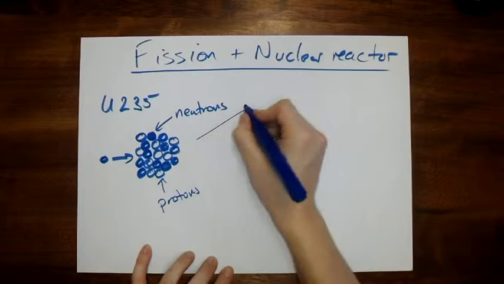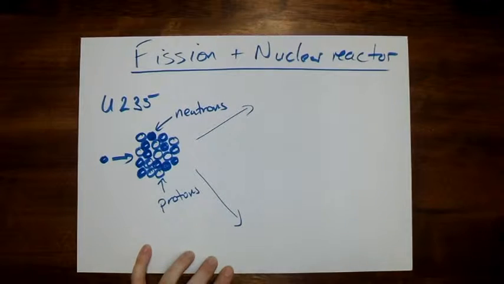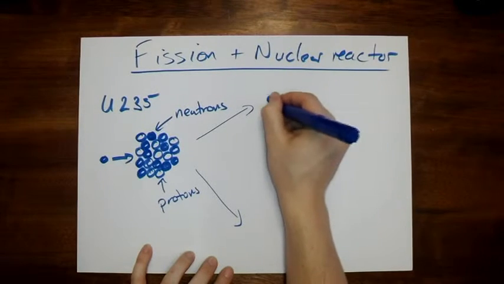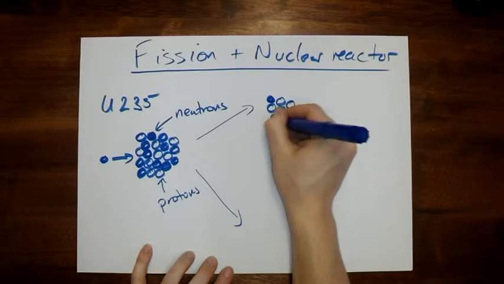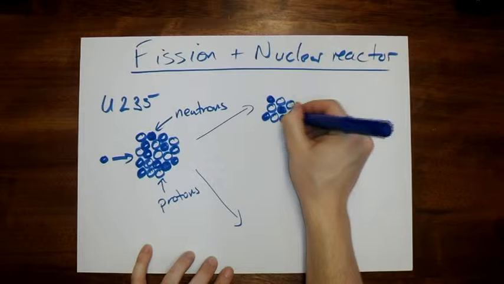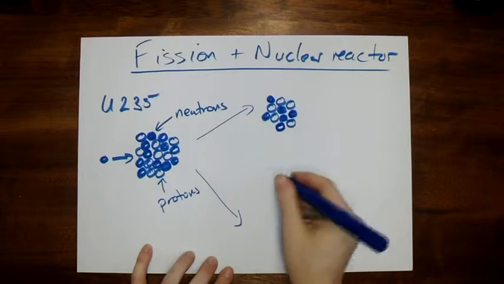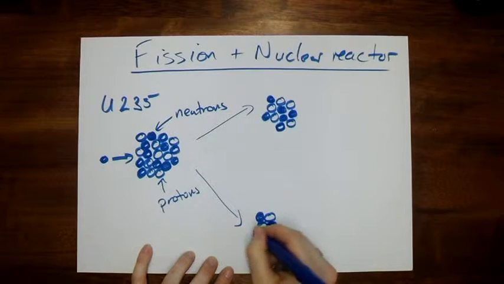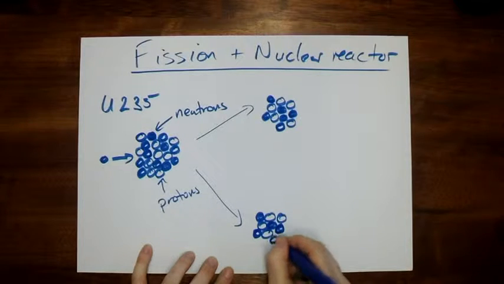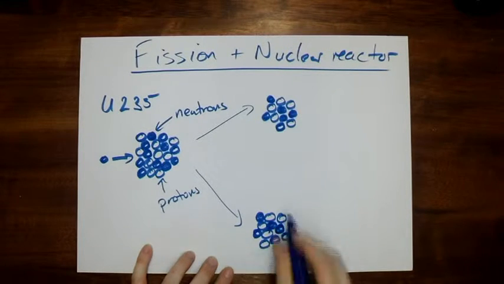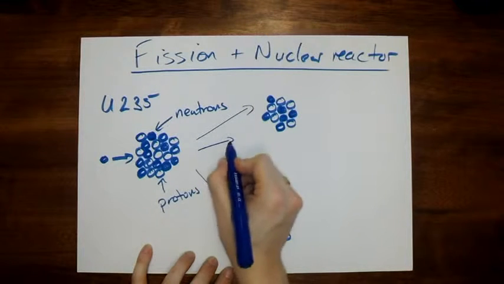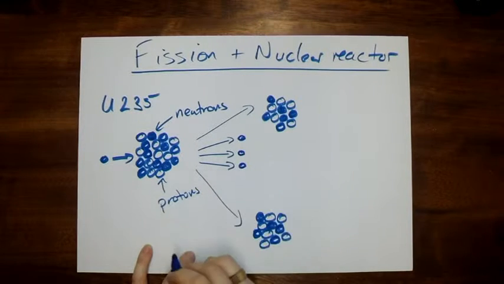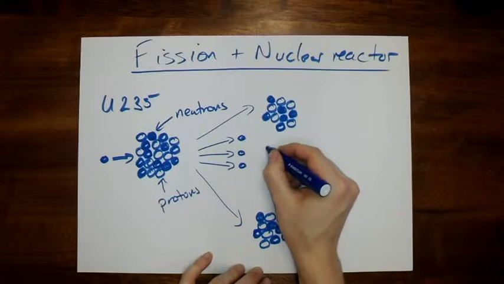It splits into two smaller nuclei. It splits into two or three extra neutrons and energy.